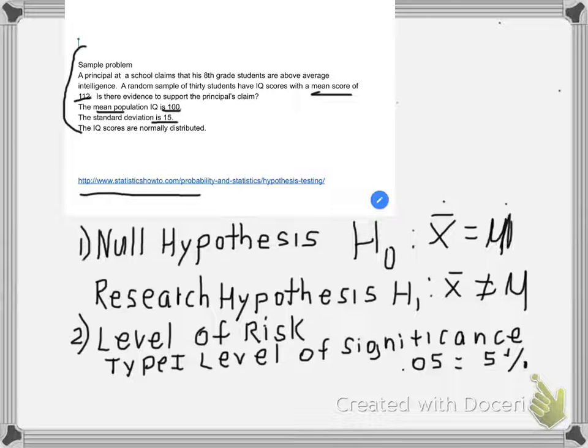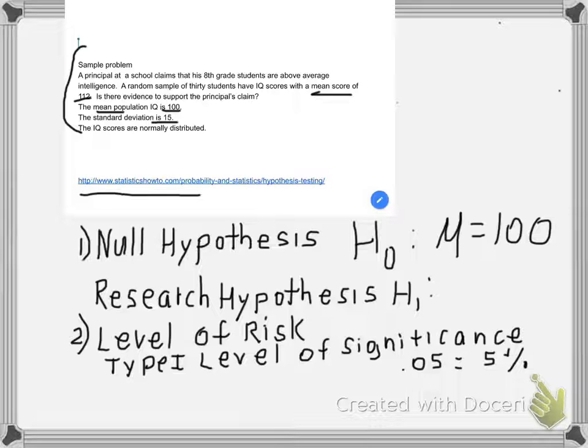Or actually, let's rephrase this information. We're going to say that the null hypothesis states that my mu is going to be equal to 100, and my research hypothesis is that my mu will not be equal to 100.